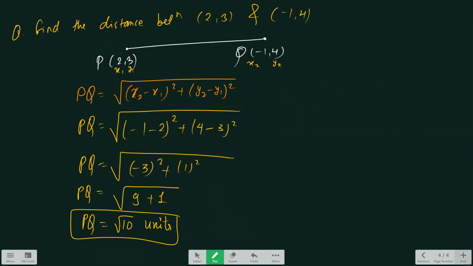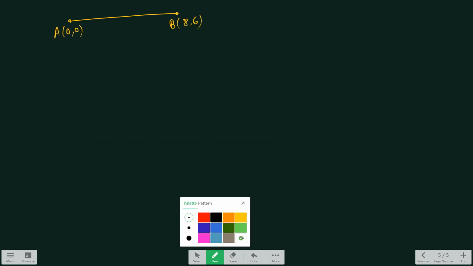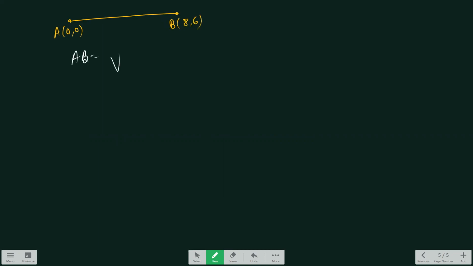Find the distance between the points 0, 0 and 8, 6. Okay, so what you will get, AB is equals to under root 8 minus 0 whole square, or directly you can write it right here, that is 8 square plus 6 square.